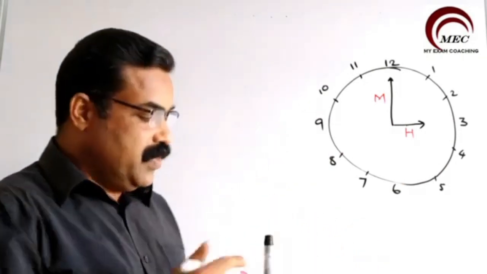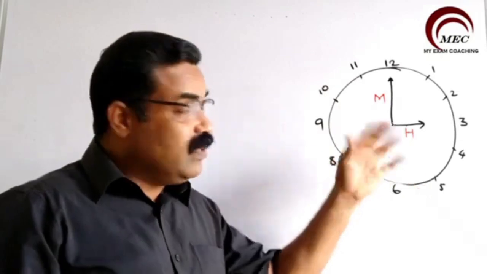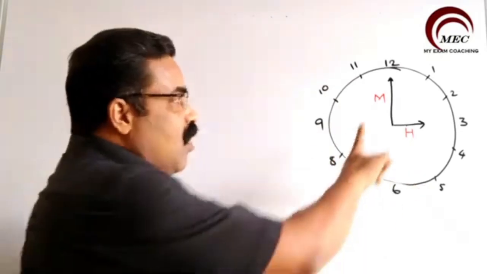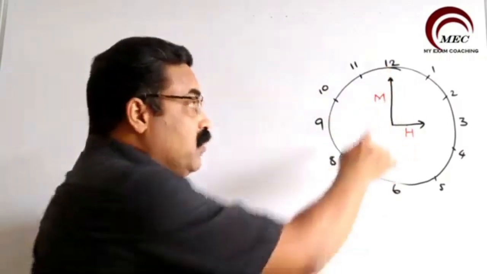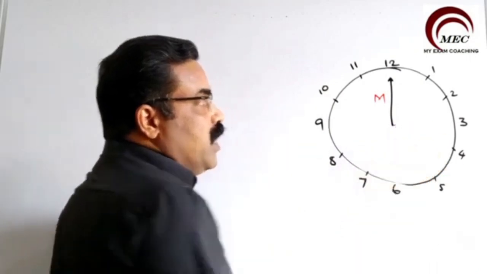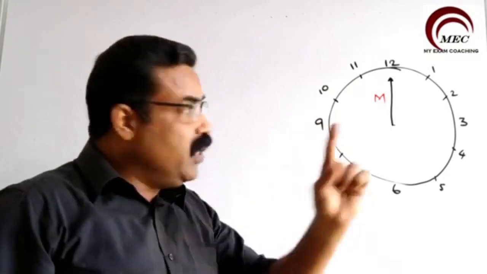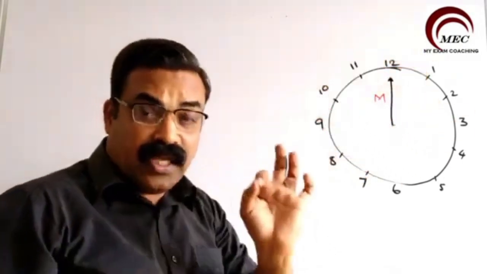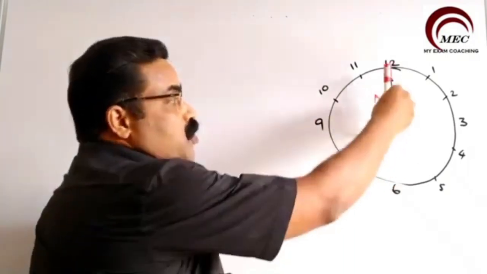We have some basic concepts to understand first, then we will go to the questions. The first concept is, consider only the minute hand. I am talking only about the minute hand now. Understand very clearly, the minute hand is now at 12.